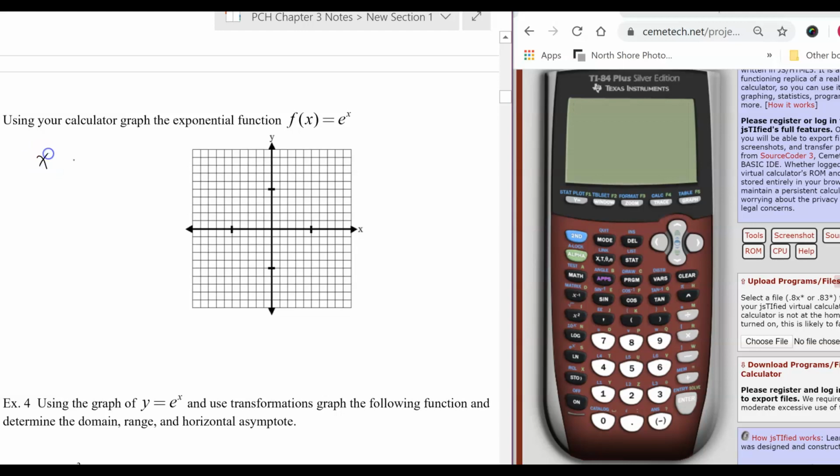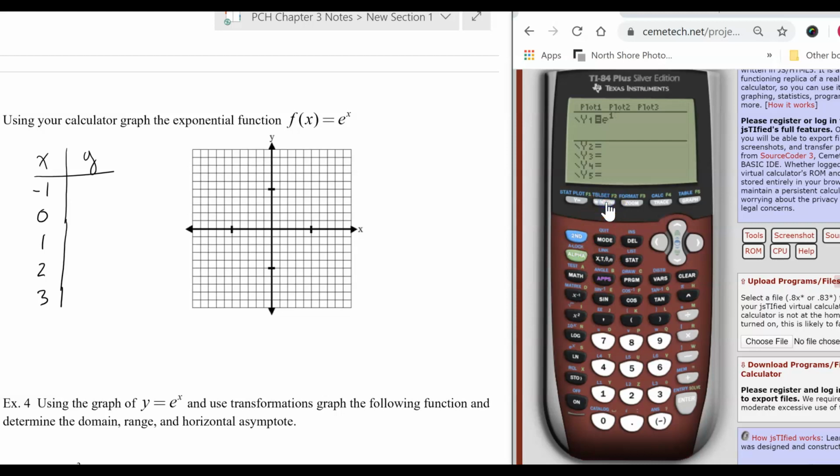So let's make a little table here, and let's do -1, 0, 1, 2, and 3. And we can use our table feature here. Let's clear that out, and now we're going to use the e to the x key, so this is just e to the first.